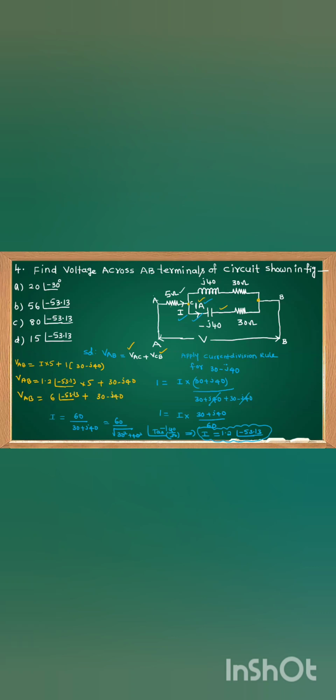You have to simplify this. By simplifying this, finally you can get, better to write this in terms of magnitude and angle, this is 50 at angle of minus 53.1.